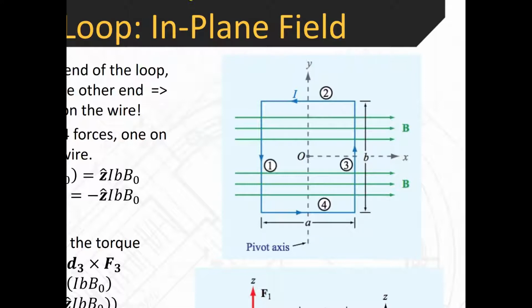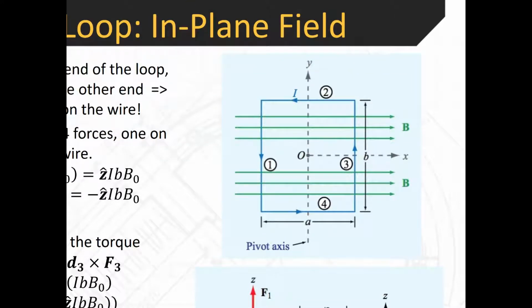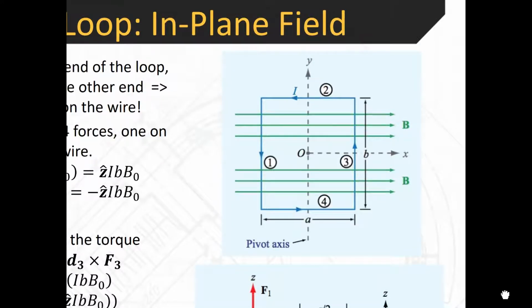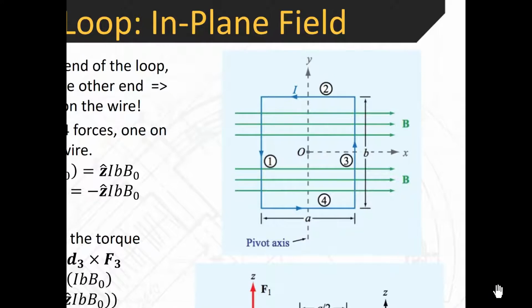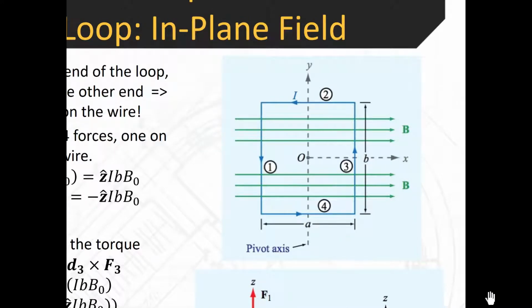The current goes in a counterclockwise direction in this loop. I want you to figure out just by looking at this, keeping in mind that this is the y-axis and this is the x-axis, what is going to be the axis of rotation? I want you to see if you can figure that out.